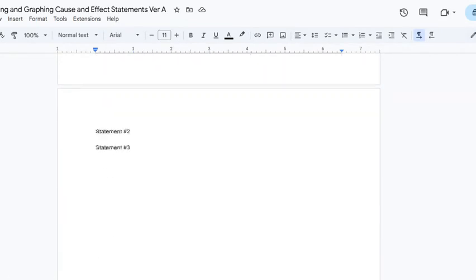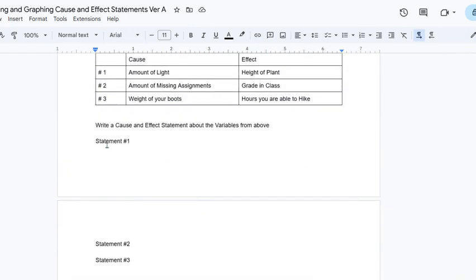Now we want to go through and write these cause and effect statements and then graph them. So statement 1. As the amount of light goes up, the height of a plant, what do you think, guys? If the amount of light goes up, the height of a plant would go up. Statement 2. Let's think about this right here.